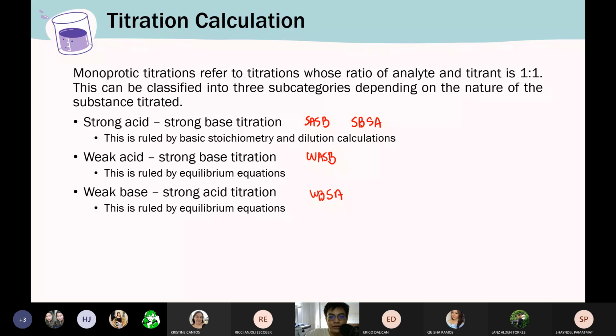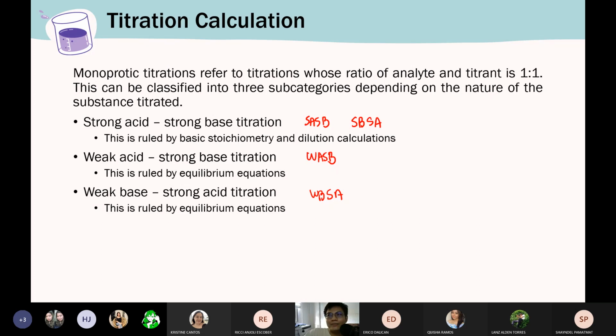So, what do we have to consider when doing calculations in titration? So, bale, the first thing you have to know is whether your chemicals are strong or weak. Na-discuss natin sa chapter 4 yan. Ano yung mga strong acid, ano yung mga weak acid, ano yung strong base, ano yung mga weak base. So, kailangan gamitin natin sila. Okay? You don't need to remember yung nasa table sa laboratory last time, hindi yung kinakabisado, kundi isinasapuso.